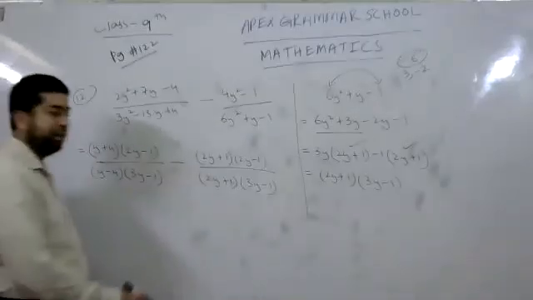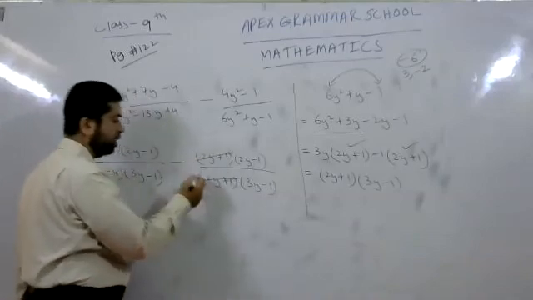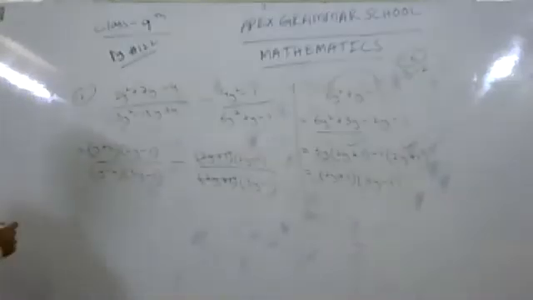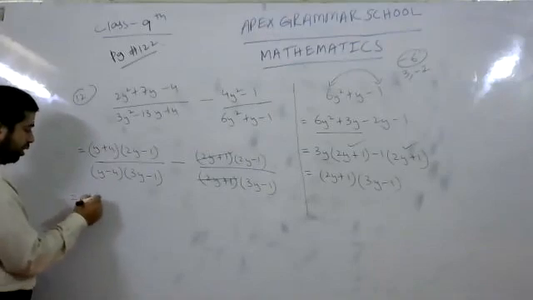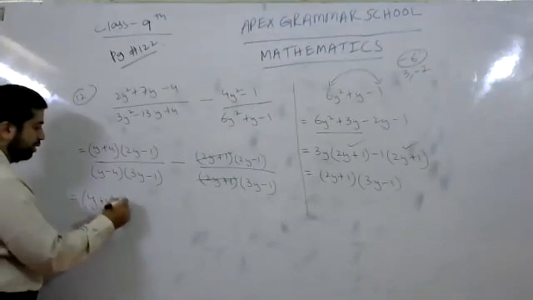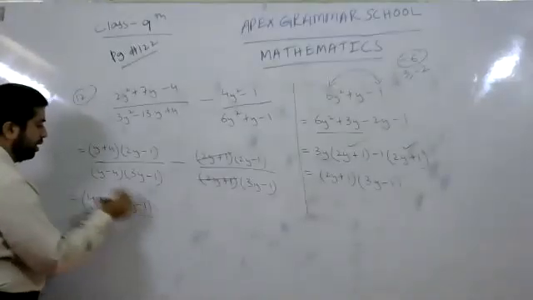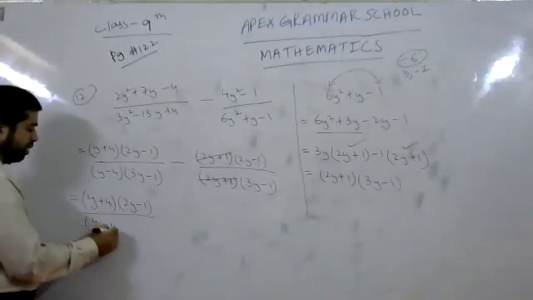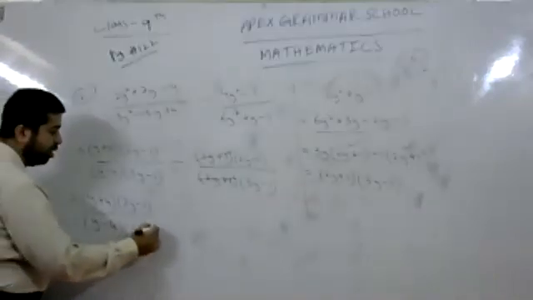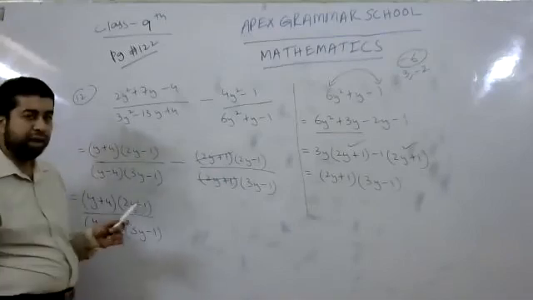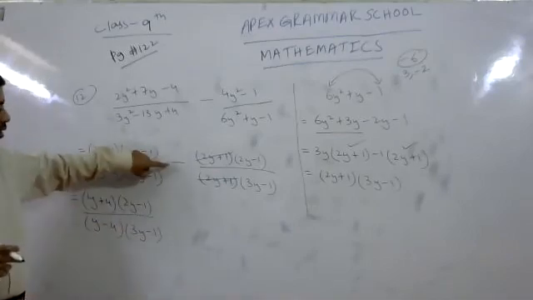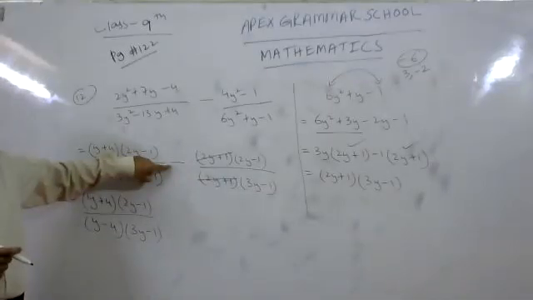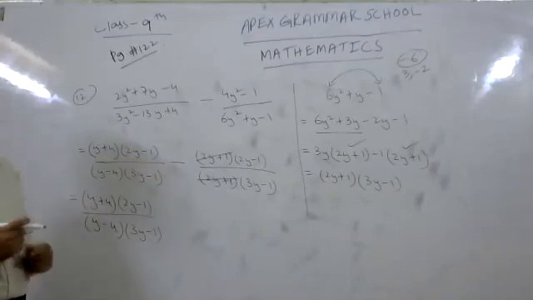First of all, you can see that 2y plus 1 and this 2y plus 1 can be cancelled. After that, you write y plus 4 and 2y minus 1, and for the denominator y minus 4 and 3y minus 1. But after this fraction, you can see that this is a divide sign. We have already done these types of questions in class 8.